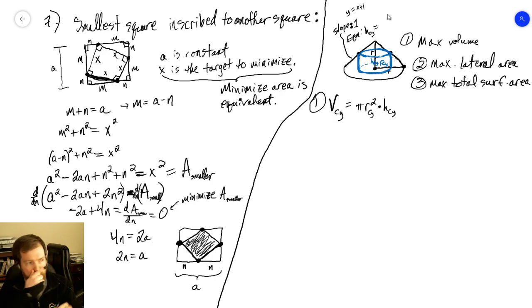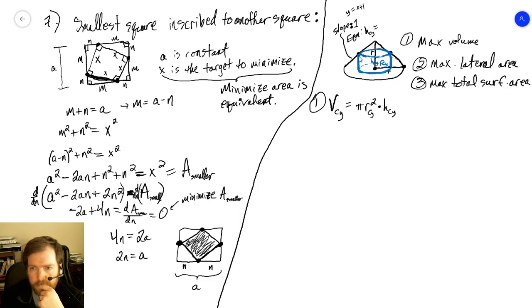So m and n, one of them is going to be 0, one of them is going to be 1, so literally it is the same square as the original. So m equals a or n equals a would be the maximum. This is going to be the minimum.